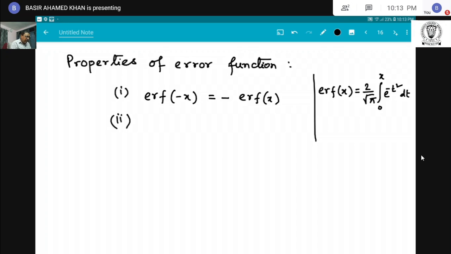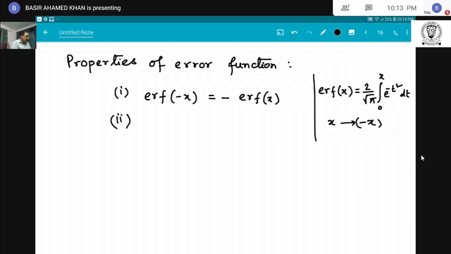If we put x as minus x, then you will get property 1.